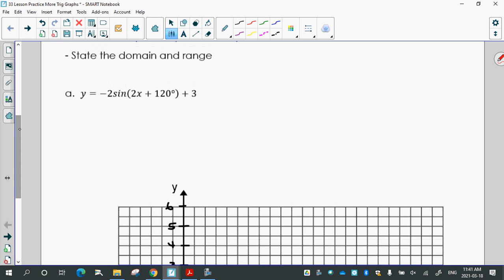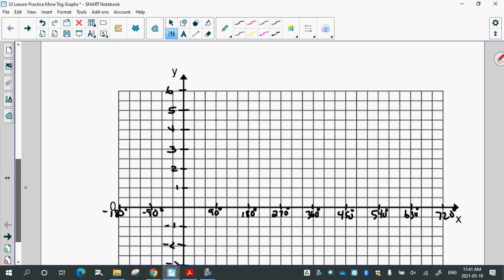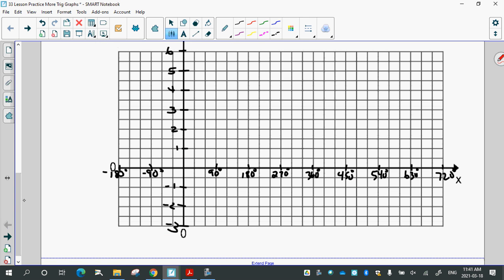So for us, it's sine, so it'll be 1 cycle of y equals sin x. So that starts at 0, and maybe at 1.